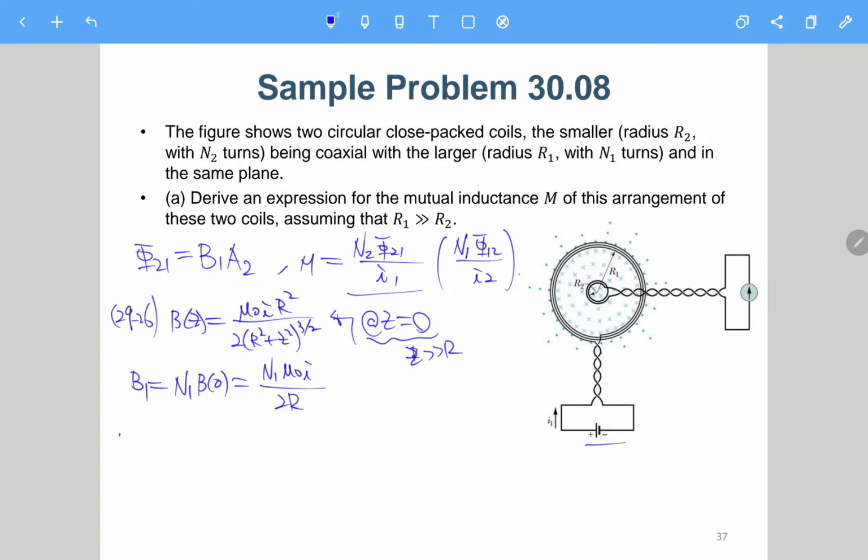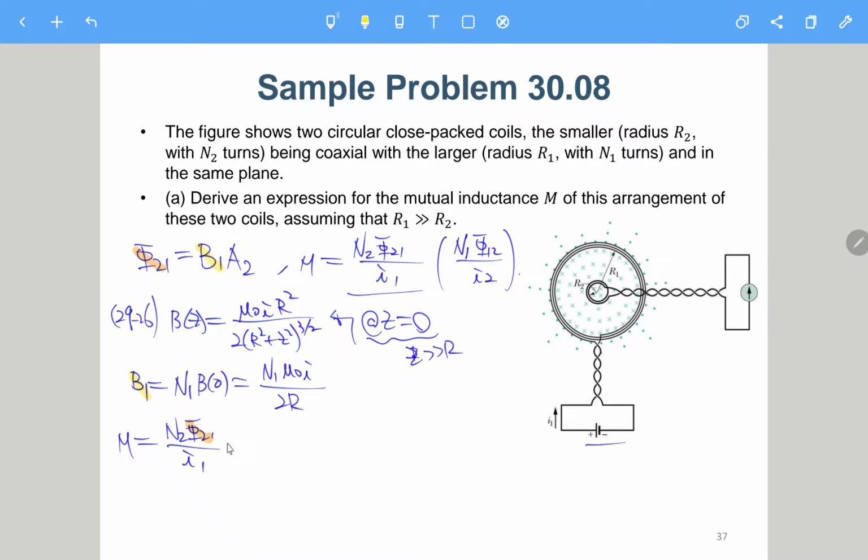Then we can calculate M to be N2 phi 21 over I1. Here phi 21 is B1 times A2, where B1 is this term, N1 mu 0 I over 2R, multiplied by A2.